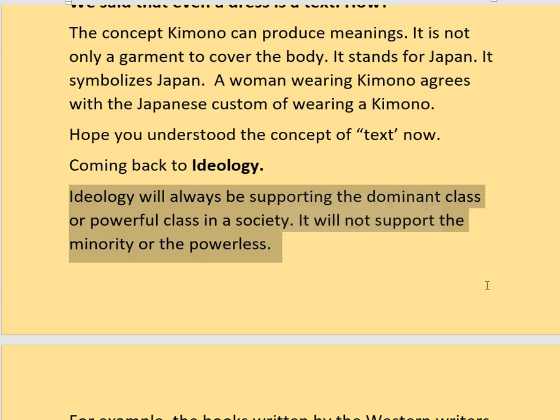You should ask yourself whether you belong to the powerful class or to the minority or powerless class. Based on that, you will be able to understand the concept. You will have experienced some advantages or disadvantages of ideology based on where you stand.